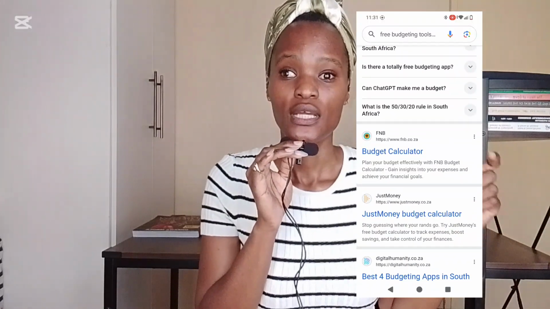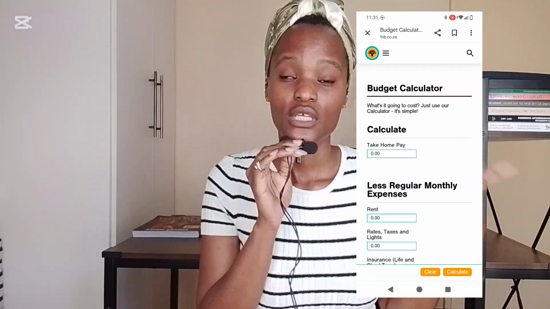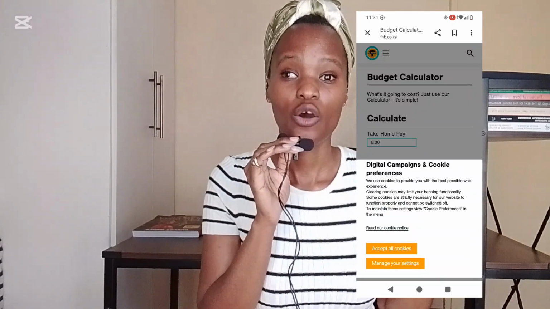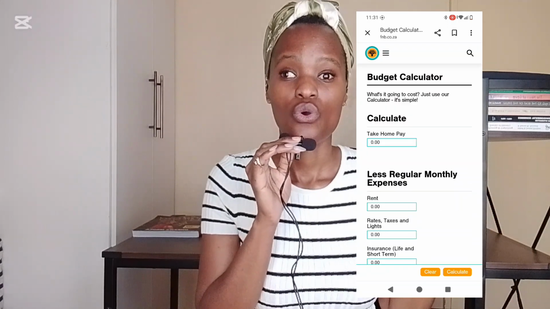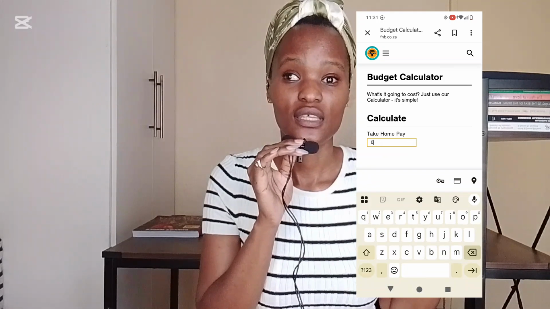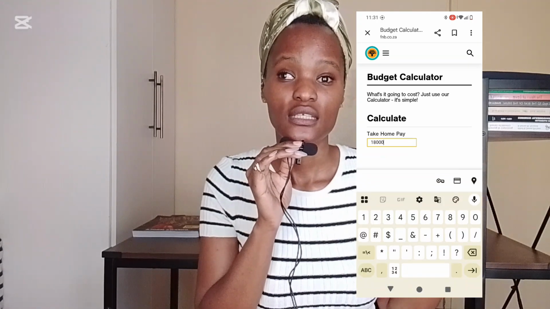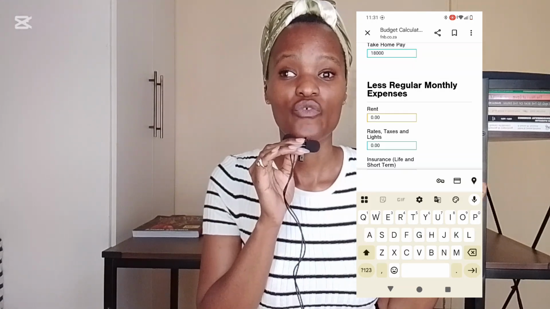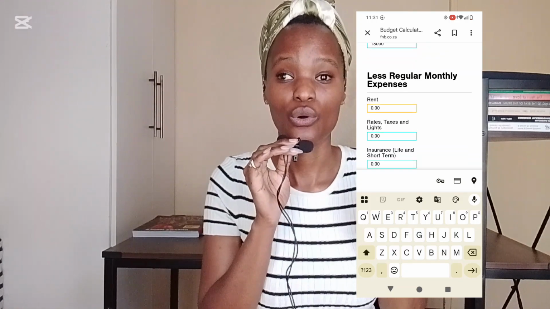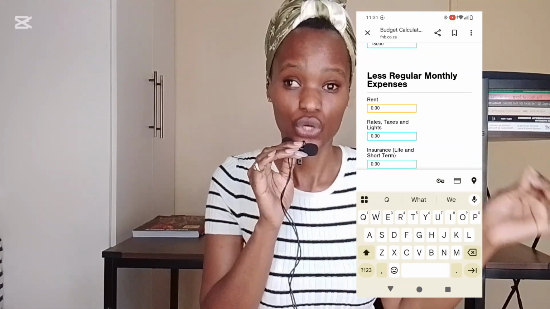Budgeting tool number 2 is the FNB budgeting tool. So this one, you need to know what your take home is. You need to know how much your savings are. You need to know what your expenses are. So it is the traditional budgeting tool. And this one is great because at the end, it gives you an idea of how much you have left over with the money that you earn.